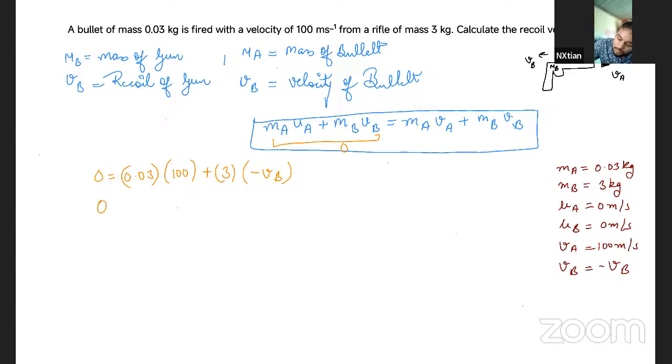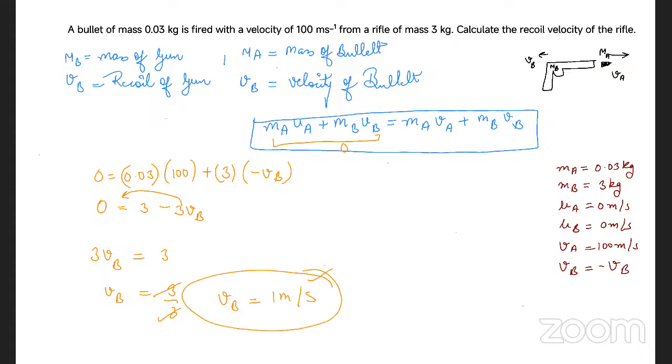So 0 is equal to 3 minus 3VB. So this will go to that side. It will become 3VB is equal to 3. VB is equal to 3 by 3. So VB is equal to 1 meter per second.